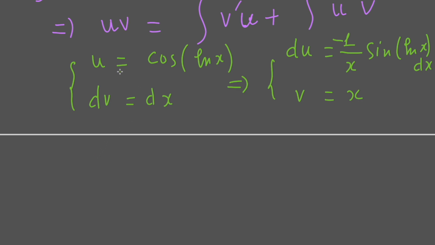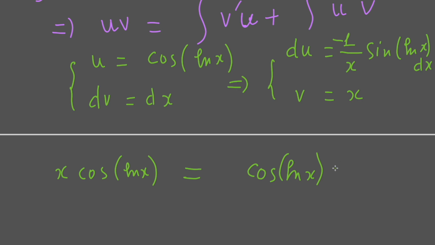Then we apply this: u multiplied by v is x multiplied by cosine ln x.